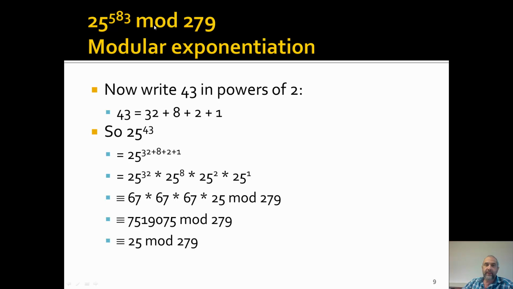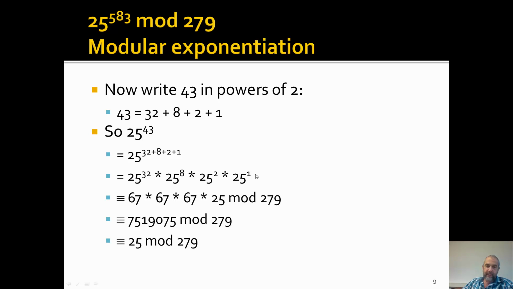We had to calculate this value. Answer is 25. It took us a bit of effort, but not nearly as much as when we had to calculate this whole exponent, 25 to the power 583. It's too big to handle. But with a few fairly simple steps, we now have resolved 25.